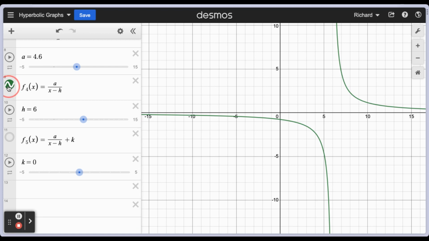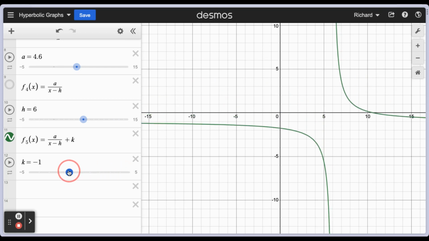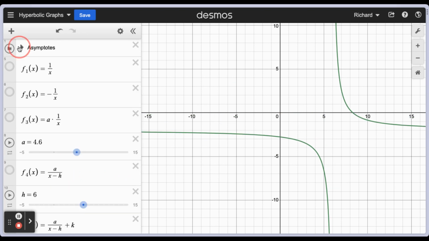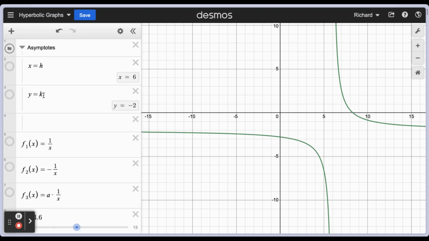And I think it might be a bit of a no-brainer to suggest what's going to happen here. So here's my graph here. And so guess what the value of K does? Up and down, and that affects the horizontal asymptote. So if I put the asymptotes in now, you can see the asymptotes are just defined as X equals H and Y equals K. They are the equations of the asymptote.